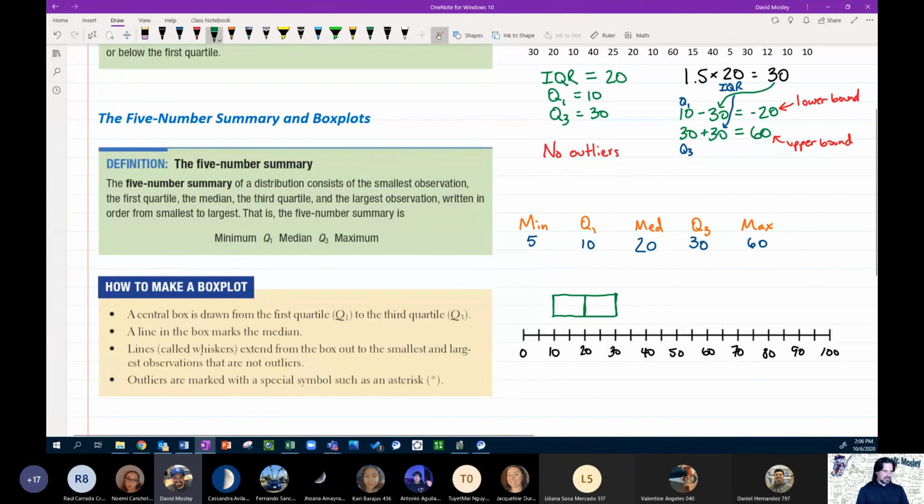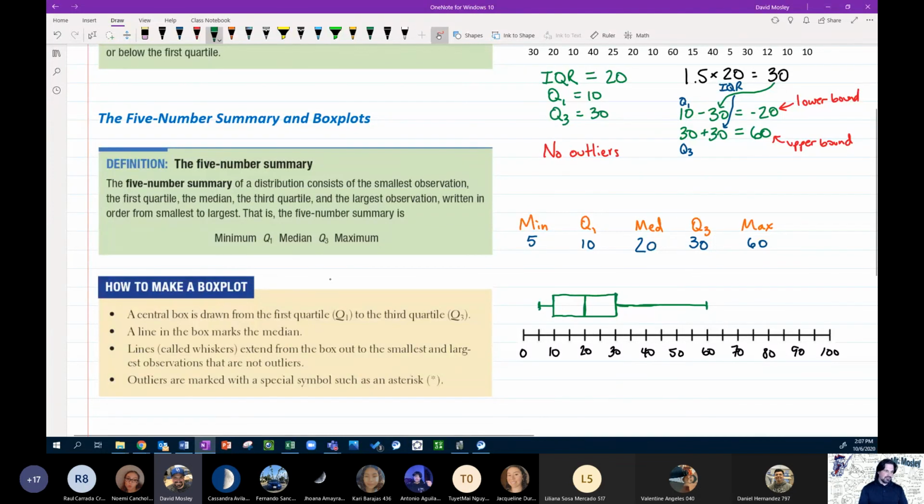Then lines called whiskers extend from the box out to the smallest and largest observations that are not outliers. We don't have any outliers in this case. So we go from 5 to the box, a little marker there for the boundary, and then we follow this one all the way out to 60. That's the end of our box plot.